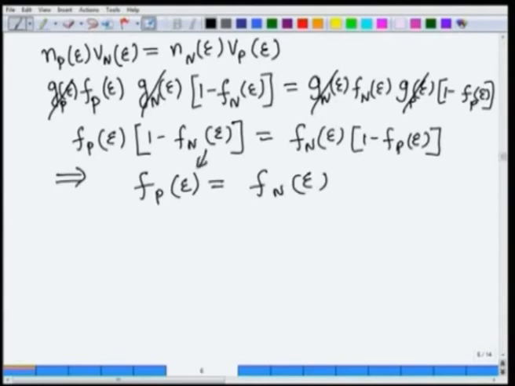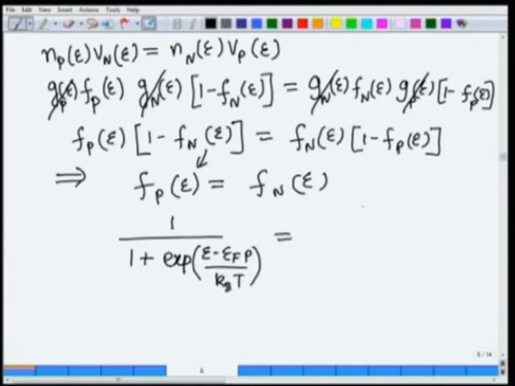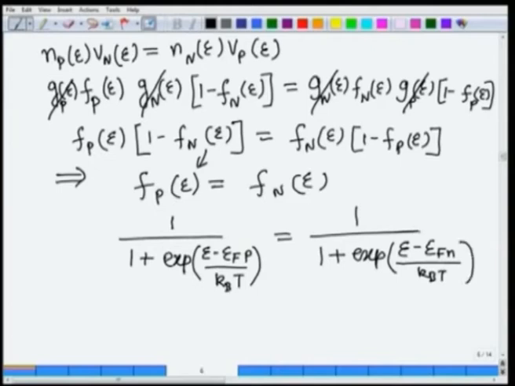From this you can derive this. What does that mean? And we know how we can write this. The Fermi-Dirac function is written as 1 plus exp of E minus E_FP by kBT, should be equal to 1 by 1 plus exp of E minus E_FN by kBT.